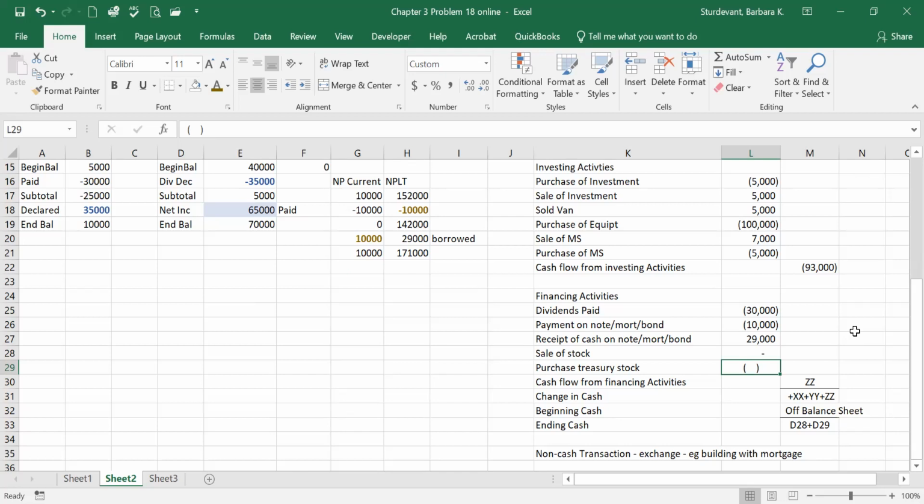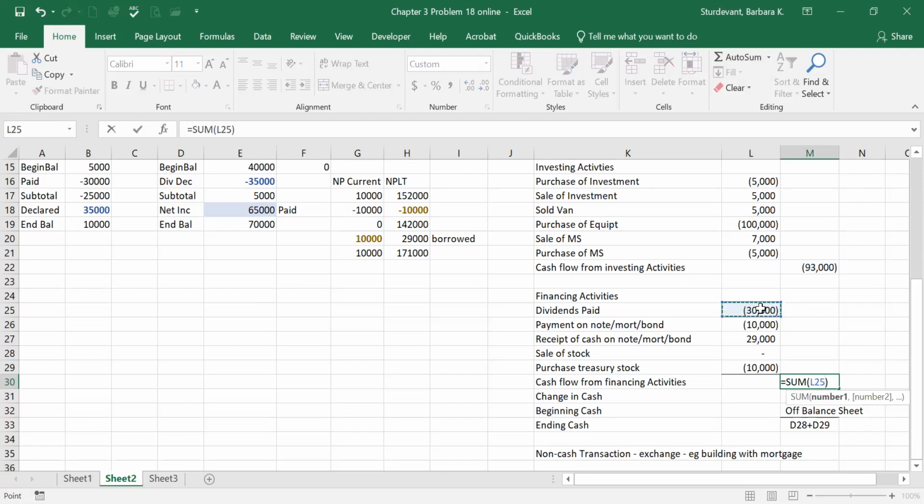So treasury stock increased by $10,000. So if treasury stock increases, it means they purchased treasury stock. And again, that's going to be a reduction in cash flow because they paid for it. And if you look, we have analyzed every single account. Remember, the cash account and retained earnings never, ever, ever go on here.